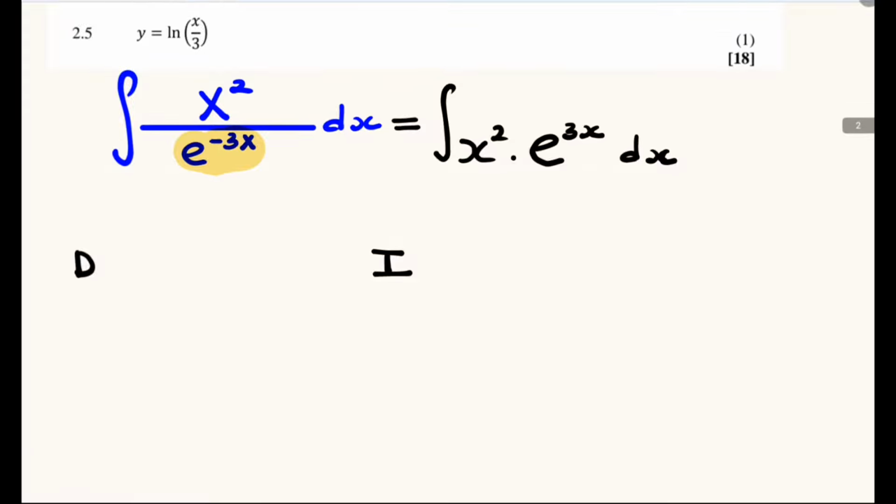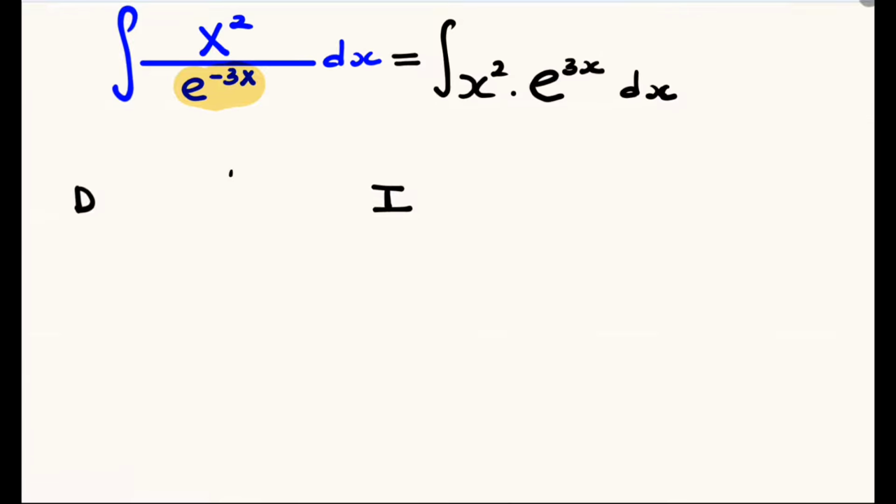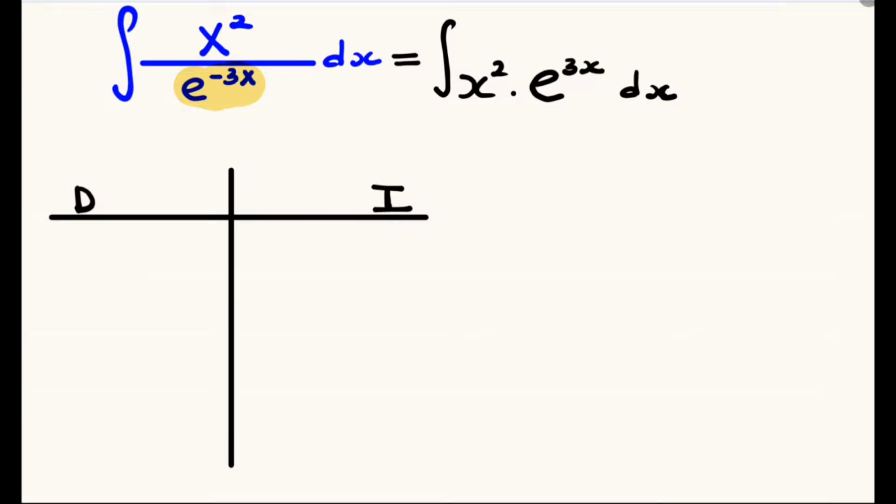And between the x squared and the e raised to the power 3x, one of the functions will be the D and the other function will be the I. So we decide between the x squared and the e raised to the power 3x which function will be the D and which one will be the I.